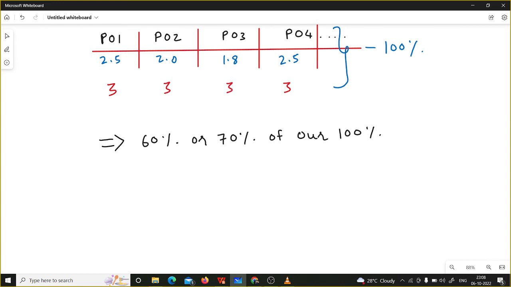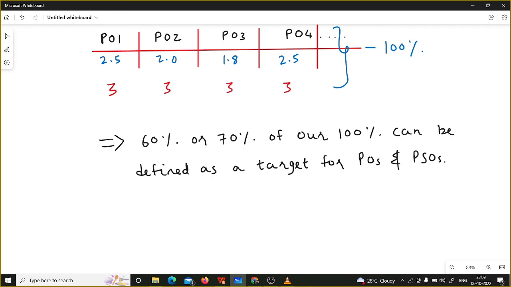This 60% or 70% should come from the stakeholders. It should be decided through the DAB, Departmental Advisory Board. So we can assume 60% or 70% of the 100%, and define that as the target for POs and the PSOs.